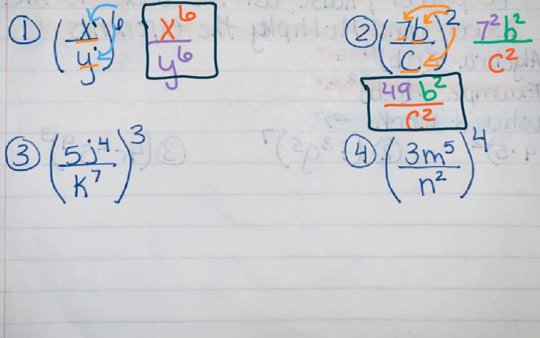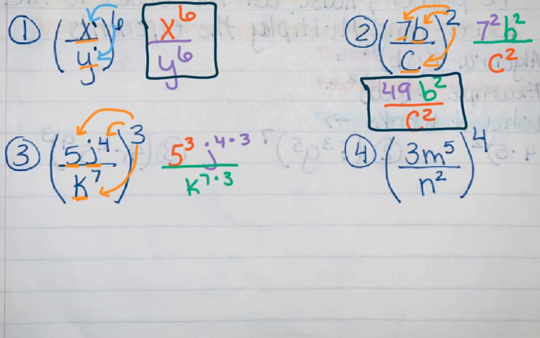Okay, if I'm looking at number 3 here, I've got 5, j, and k. So I've got 3 bases, so the 3 needs to go to all 3 of those. So I'm going to end up with 5 to the 3rd, j, 4 times 3, over k, 7 times 3.